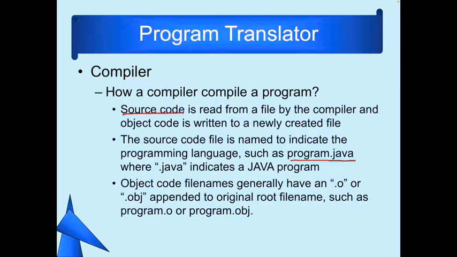Each programming language has its own extension. For Java we have .java, and when we compile in Java using the compiler, we use javac, where c refers to compiler. When we compile, the object code file will be generated.